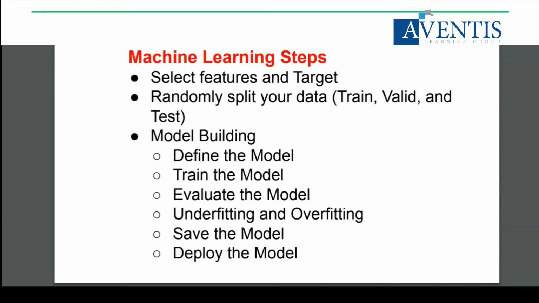If I again put 20% in the validation and 20% in the testing, then it's a wastage of the data. 20% means 20,000 data in the validation, 20,000 in the testing, and 60,000 in the training. So based on the data set, we need to decide how many data we put in the training, how many in the validation, and how many in the testing.